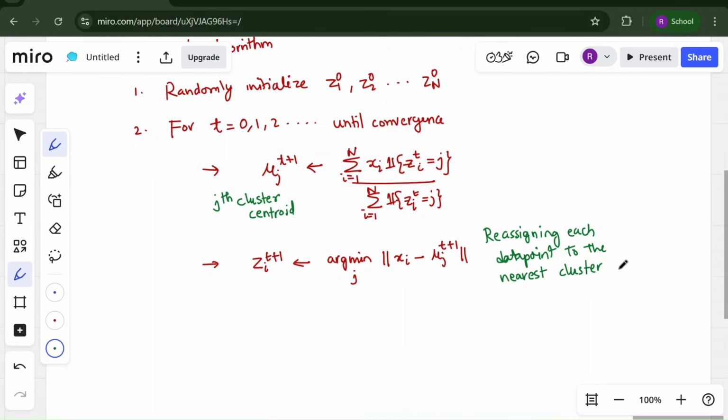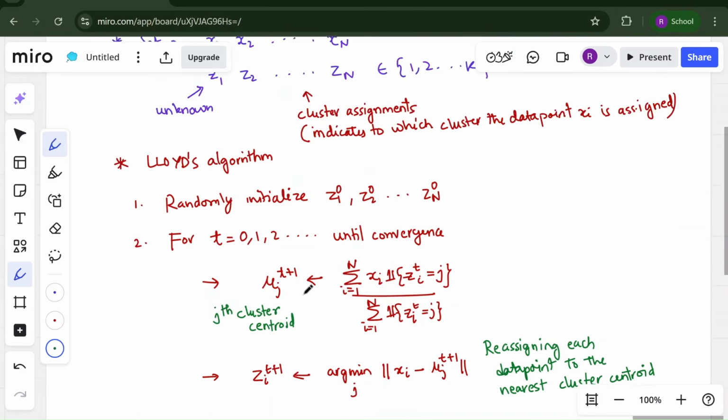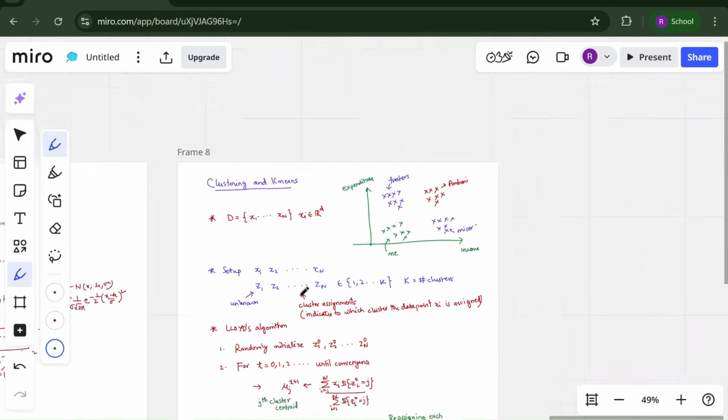Why nearest? Because we are taking argmin, right? So this is the overall idea about Lloyd's algorithm. This is what Lloyd's algorithm is.